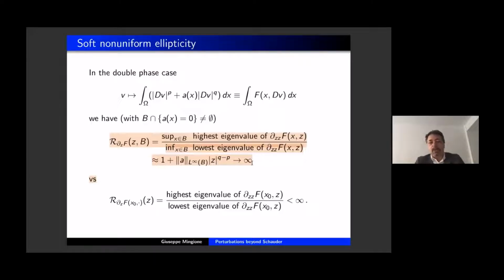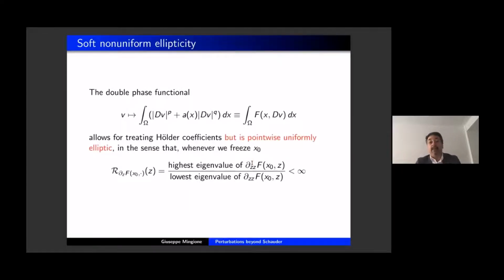So let me see why this classification is now necessary. If you would use the classical definition of non-uniform ellipticity, then you would expect that the minimizers of these functionals share all the regularity properties that are typical of the uniformly elliptic case. For instance, Schauder estimates should hold, because this is pointwise uniformly elliptic.